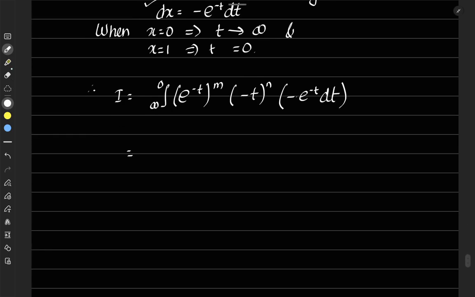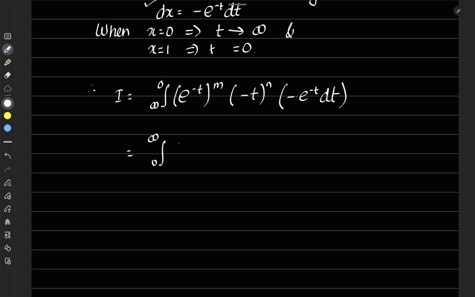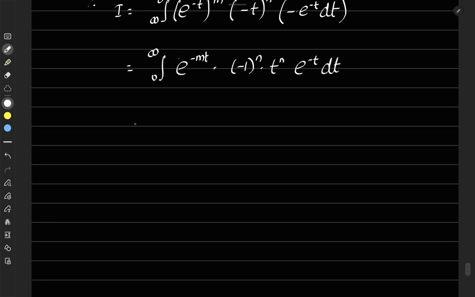So I will use this negative sign to interchange my limits. So I will have integral 0 to infinity e to the power minus mt into minus 1 power n into t to the power n, then e to the power minus t dt. We will take like terms at one side and take the constant outside the integral. So the constant is minus 1 power n, integral 0 to infinity e to the power minus m plus 1 t into t to the power n dt.